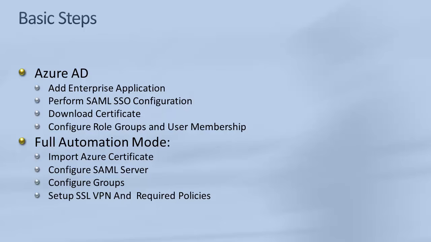Then on the FortiGate, through the UI, we'll import that certificate that we downloaded from Azure. We're going to configure the SAML server through the CLI, along with the groups through the CLI as well. And then we're going to set up the SSL VPN and the required firewall policies.